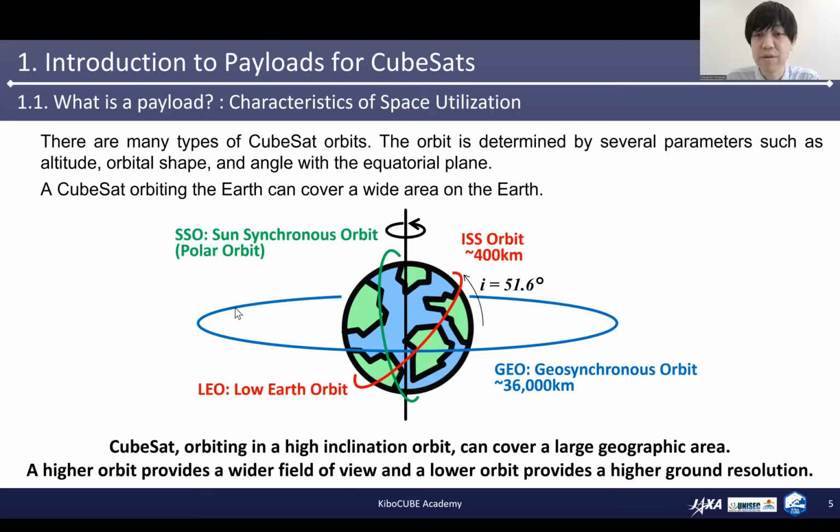So, a CubeSat orbiting the Earth can cover a wide area on the Earth. A CubeSat orbiting in a high inclination orbit can cover a large geographical area. A higher orbit provides a wider field of view, and a lower orbit provides a higher ground resolution.